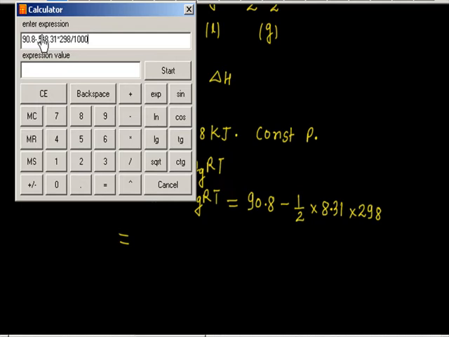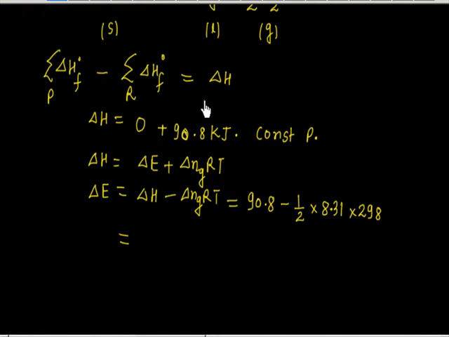So this value we have to find, and it equals 89.56. So this value comes out to be 89.56 kilojoule. So this is the delta E.